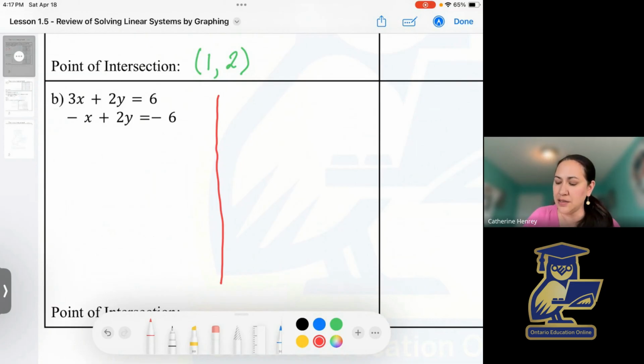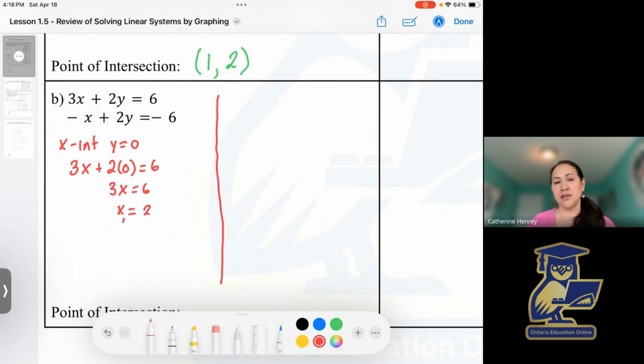So to find the x-intercept of the first one, I'm going to set y equal to 0, and I'll have 3x plus 2 times 0 equals 6. 3x equals 6, so x equals 2. And I'll call that x1, the x-intercept of the first equation.